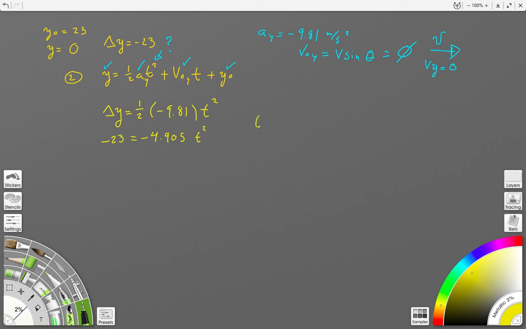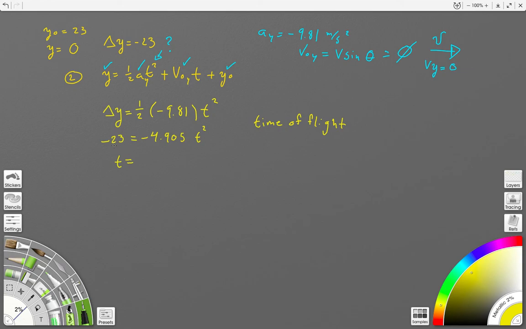The time of falling, or let's call it time of flight. How much time it spends in the air by falling from 23 meters above ground till 0 meters above ground.